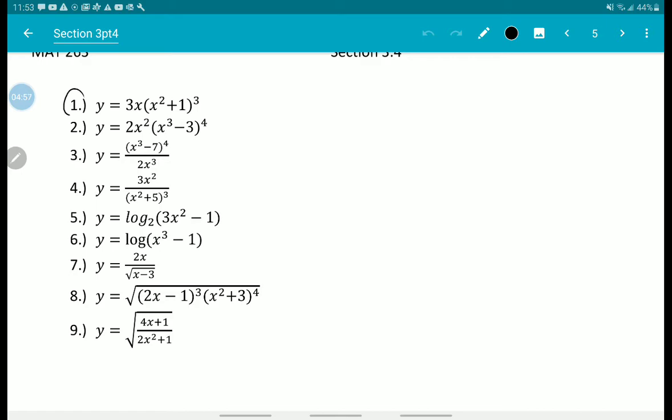Let's look at a quotient rule. Let's look at number 3.